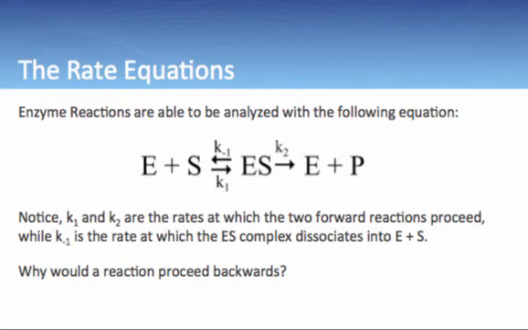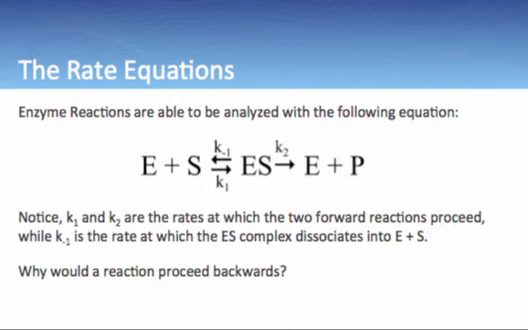If we have a larger k2, that's going to tell us that when we form the enzyme substrate complex, it's more likely to proceed to give us product. However, if we have a larger k negative 1, then the enzyme substrate complex is going to dissociate back into the enzyme and the substrate.